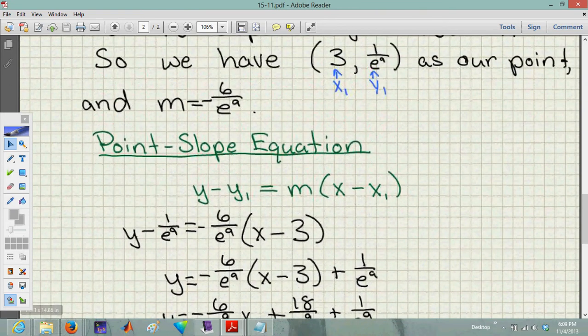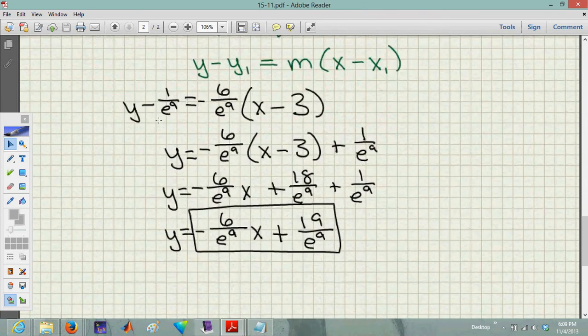Okay, well, y minus y1, that was this one up here, 1 over e to the 9th, they gave that to us, equals m, which is negative 6 over e to the 9th, just plugging that in right there, times x minus x1. Well, our x1 was 3. I can then just algebra my way through the rest of this.